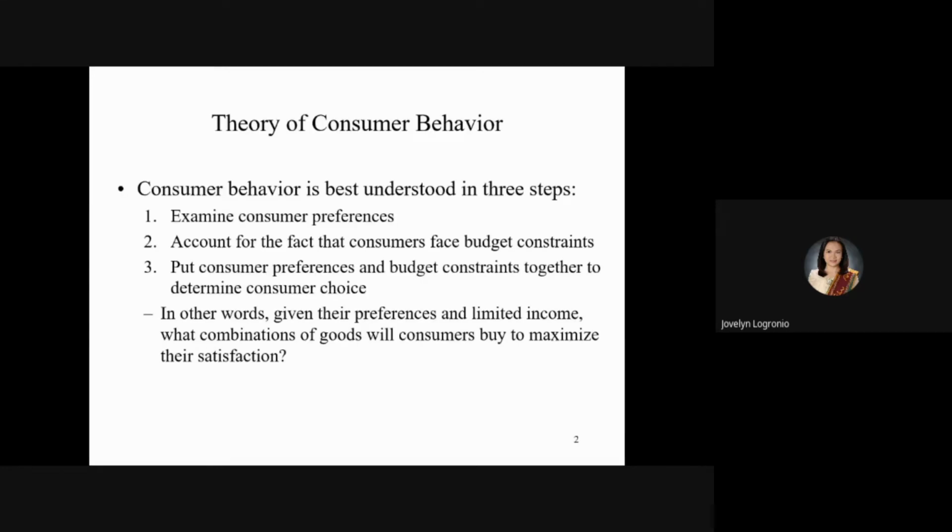So what is a theory of consumer behavior? What is this theory all about? The consumer behavior is best understood in three steps or principles. So number one, economic actors, so yung na-mention ko, consumers, producers, and government, have preferences over allocations of the world's resources.